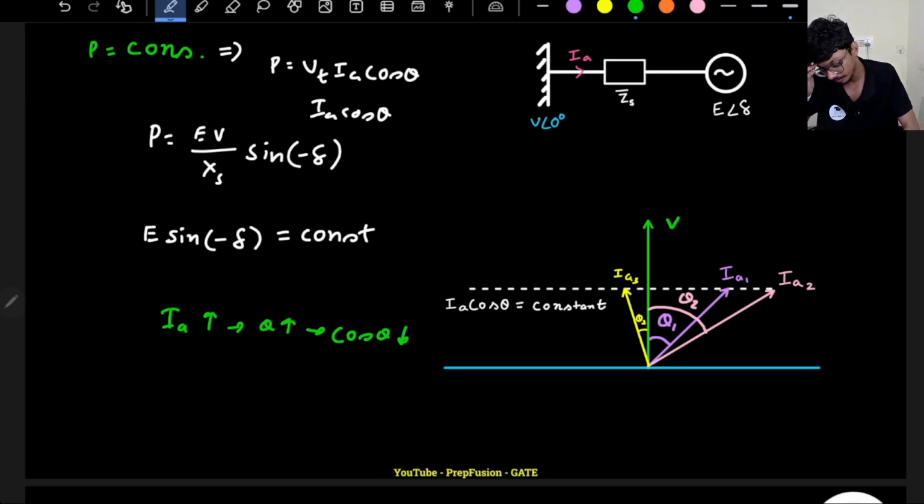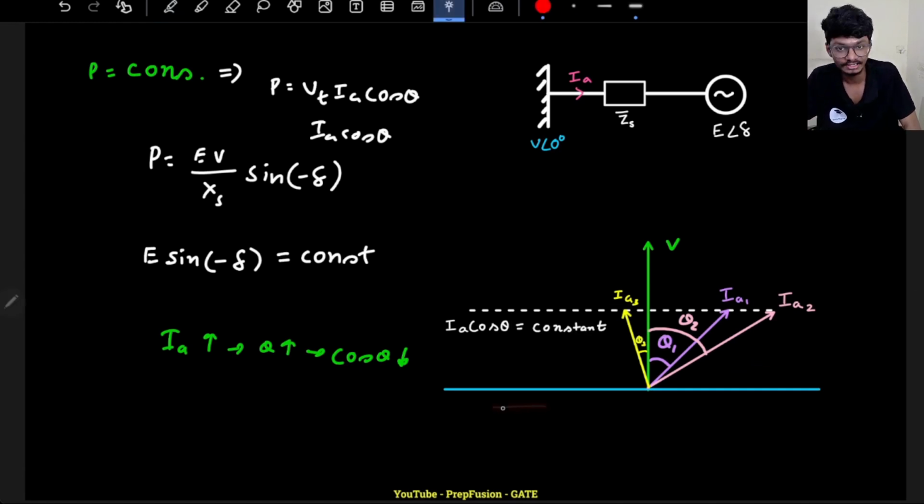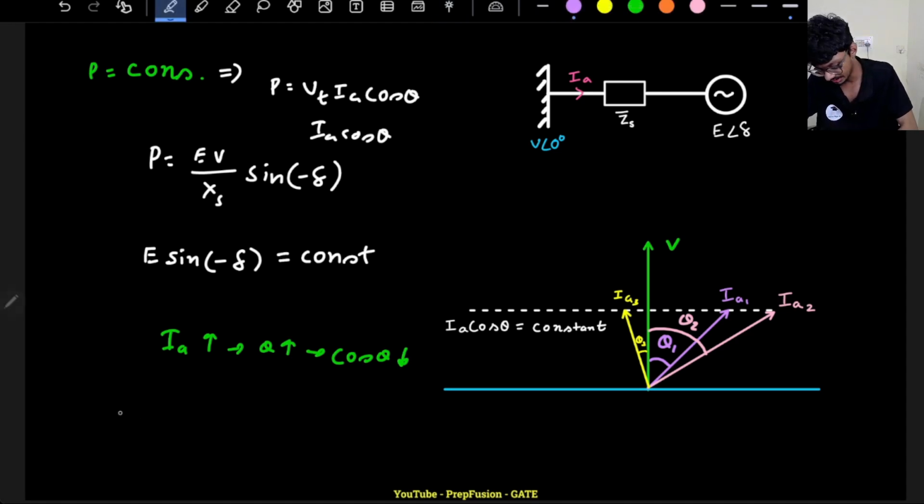One more thing, if you remember about the excitation. Initially, if I say the motor is under excited, meaning the motor does not have enough flux, that means it is operating at lagging power factor. The supply has to deliver the reactive power.